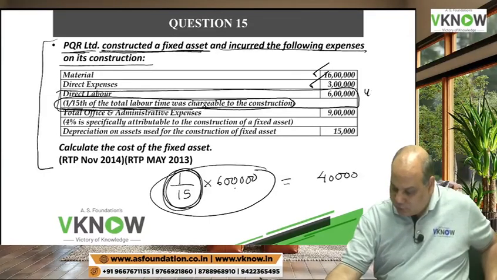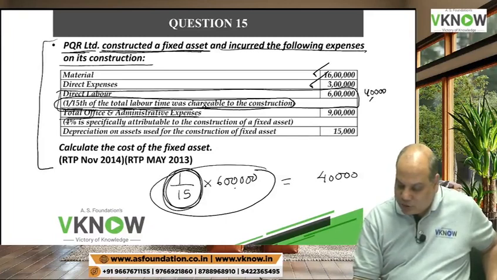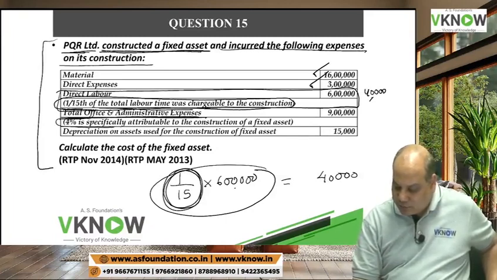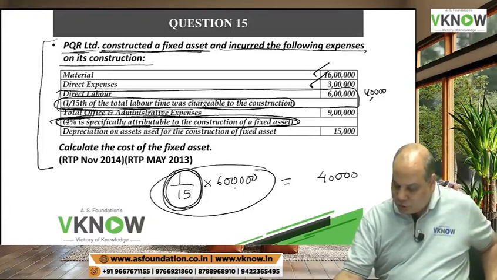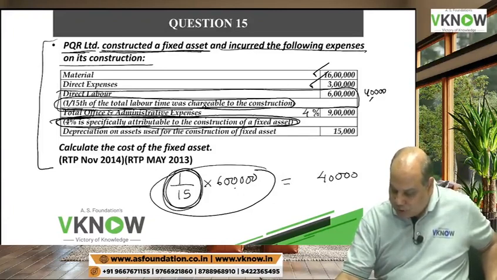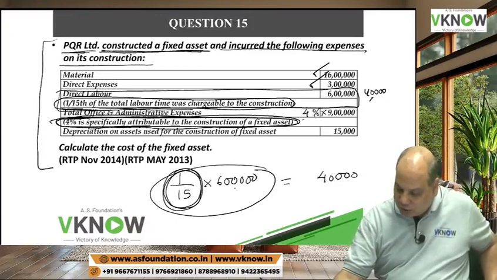So I will take 40,000 rupees, not the entire amount. Total office and administration expense, again read, 4% is specifically attributable to construction of PPE. So I will only take 4% of 9 lakh, that comes to 36,000.